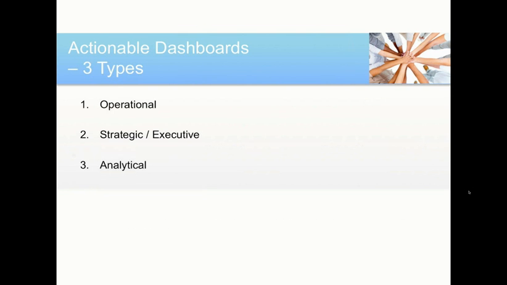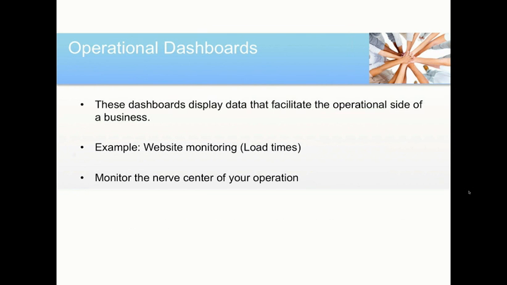So there are 3 types of actionable dashboards. There's operational, there's strategic/executive, and there's analytical. So the first one is operational, and these are dashboards that display data that facilitate the operational side of a business. So just as an example, we have dashboards where we do website monitoring because part of our business is designing websites and helping with the usability of designing websites.